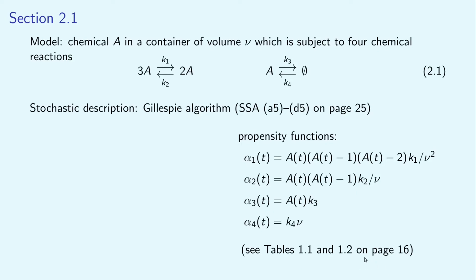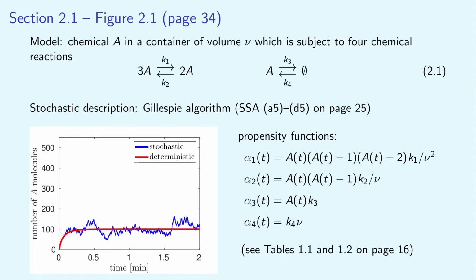We have already seen the propensity functions of production, degradation, and bimolecular reactions. The propensity function of the trimolecular reaction 3A goes to 2A is proportional to the number of available triplets, which is proportional to A times A minus 1 times A minus 2.